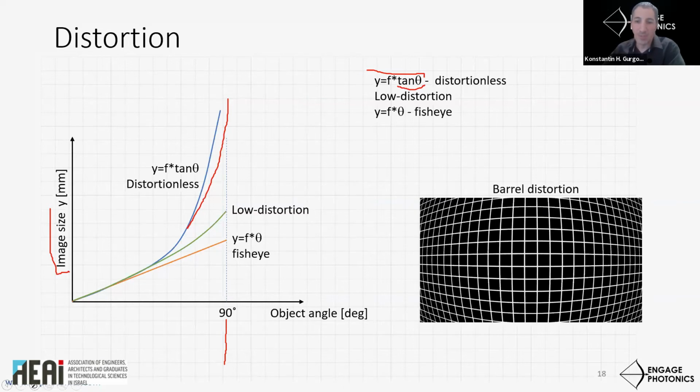So therefore, we must depart from that law considerably and map the 0 to 90 degrees to a finite image sensor size. In the presence of distortion, rectilinear objects lose their shape, and the image exhibits barrel-type distortion. So if you photograph a grid or a building, this is the shape that you would see, this distortion here.